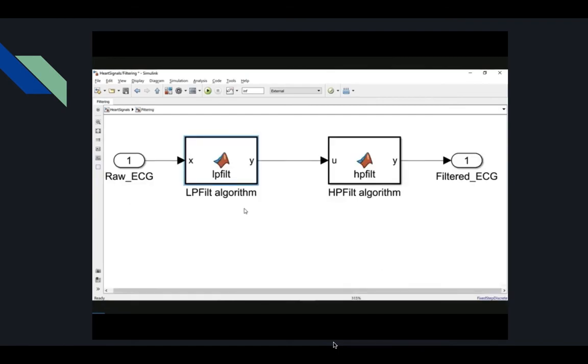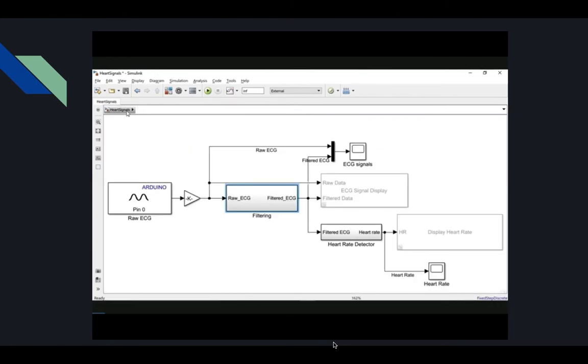A filter is applied. Two extra algorithms are applied to filter the raw ECG data. These are the LP filter and the HP filter, which in turn generate the filtered ECG. These two blocks are used to display ECG and heart rate, but are commented out for now.